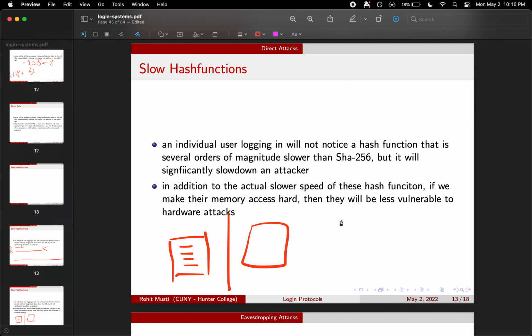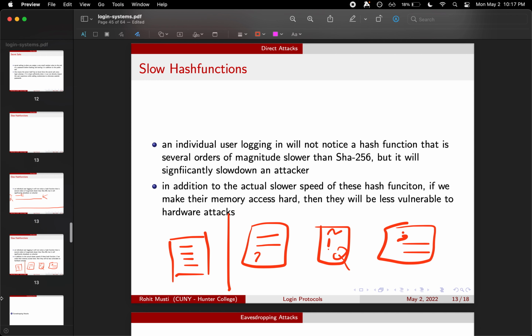What you really want is your memory to look like this: a bunch of blocks, useless information, squiggles, exclamation points, Q, semicolons. So here, it's way harder to access memory in this section than it is in this section. And that itself will prevent you from creating specialized hardware and making that slow hash function faster.